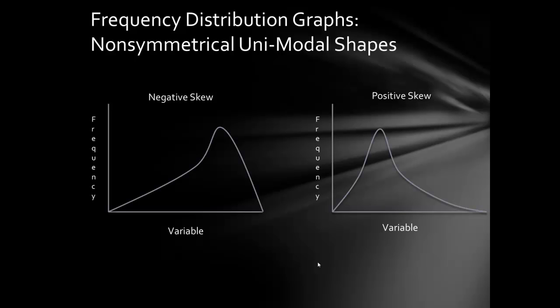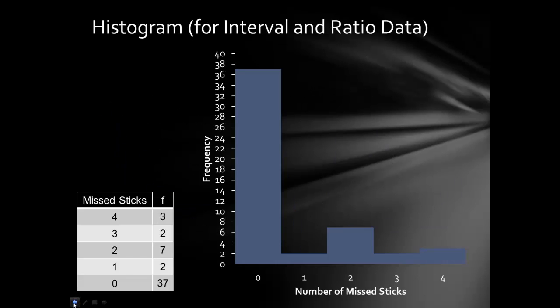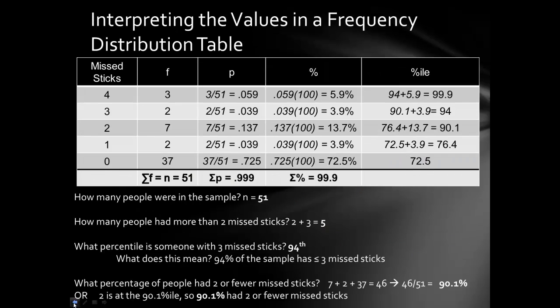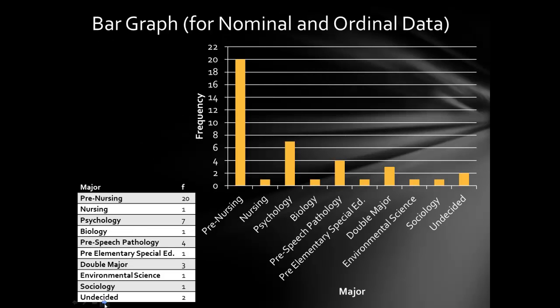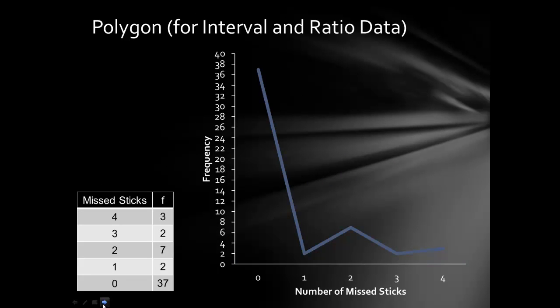So as we go forward this semester, it's going to be important for you to know how to take raw data and put it into a frequency distribution table, how to use a frequency distribution table to do calculations based on the values in your data set, how to identify nominal, ordinal, interval, or ratio scales of measurement to figure out what the most appropriate type of display or frequency distribution graph you can use for your data, and how to use the frequency distribution table to then create that frequency distribution graph.